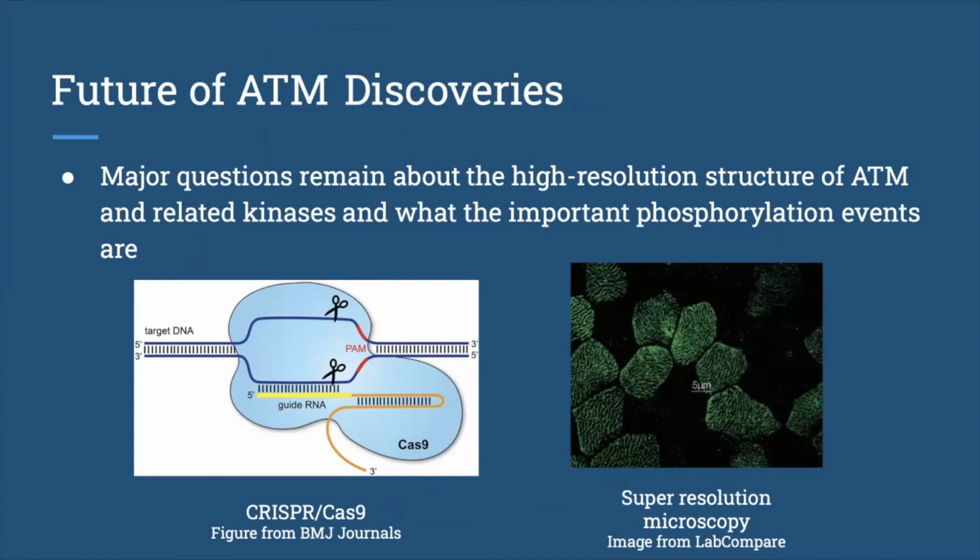However, technology is ever advancing, and new methods developed from the technology will help address these questions and discover even more about the function of ATM and how it can not only treat cancer, but other genomic diseases and disorders of malfunctioning ATM. Some of these methods include super resolution microscopy, high throughput sequencing, and CRISPR-Cas9.